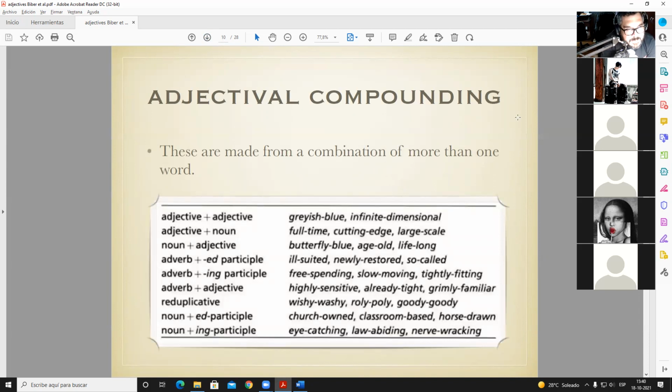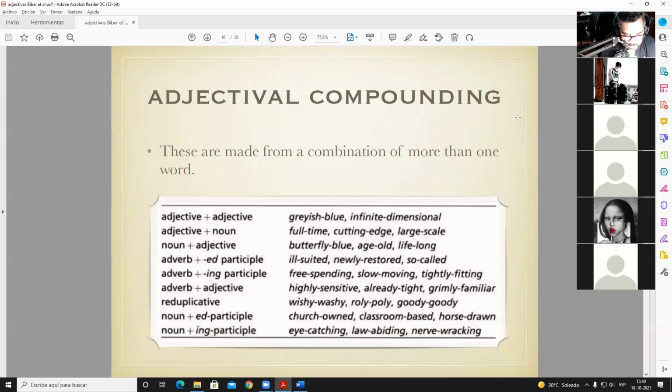Adjectival compounding. These are made from a combination of more than one word, obviously because they are compounds: adjective plus adjective, adjective plus noun, and so on and so forth. The only one which is quite interesting is the reduplicative adjective: wishy-washy, roly-poly, goody-goody, which are quite old-fashioned, I think.